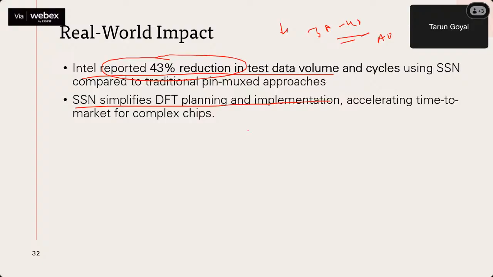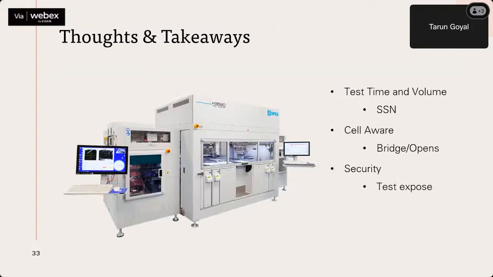Okay. So there are a couple of thoughts and much more things. Maybe one more couple of things I can start with, like test time and test volume. These are the two critical dollar items which we can solve via SSN, via serializer-deserializer, DDR. All these things are there in the industry. We can look across, and there are a lot of R&D opportunities in those domains.